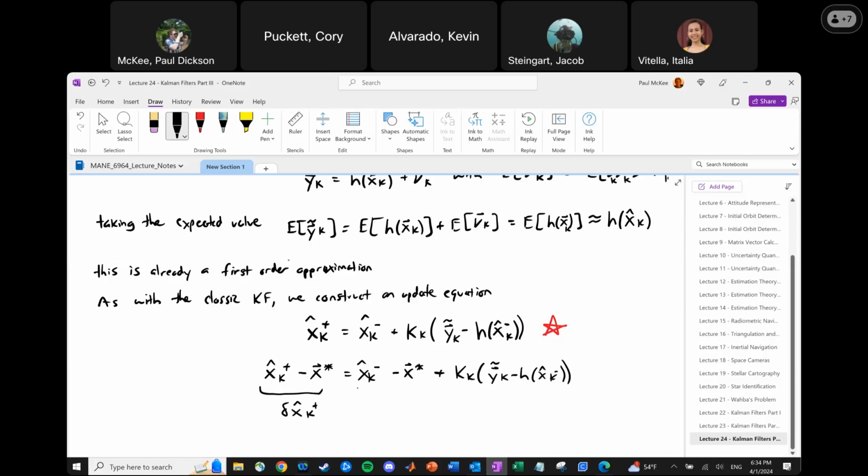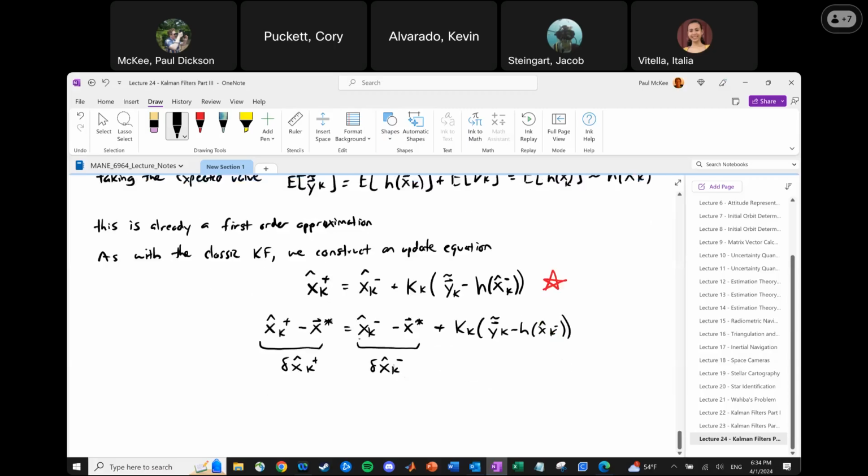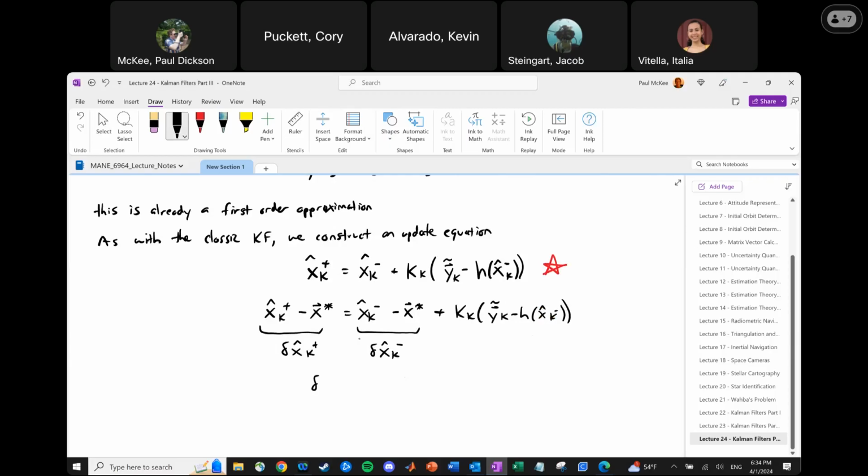This is our deviation, and this is our deviation minus. So to clean that up, we arrive at the deviation of our updated state from some reference is the deviation of the pre-updated state from some reference plus the same thing as before. All right, so far so good.